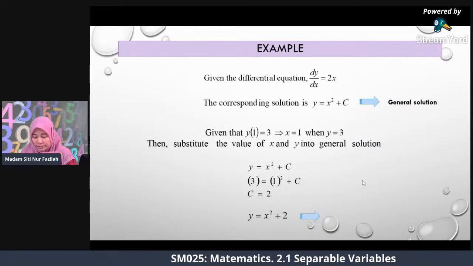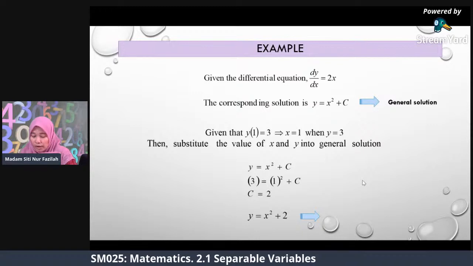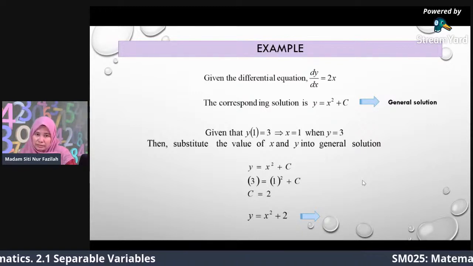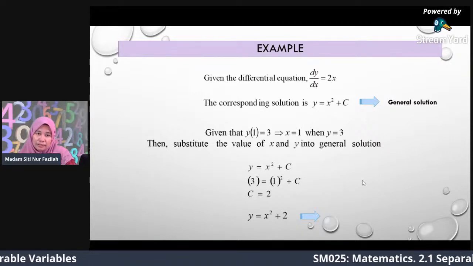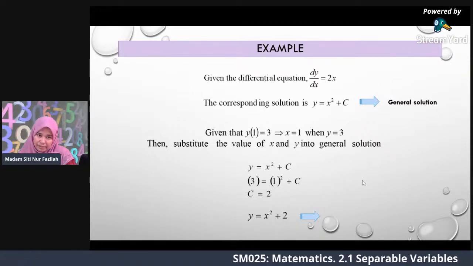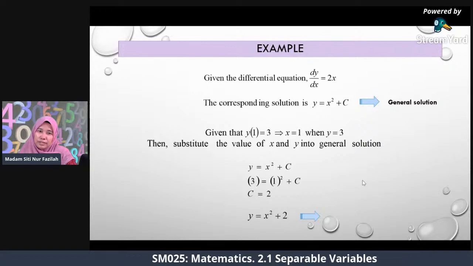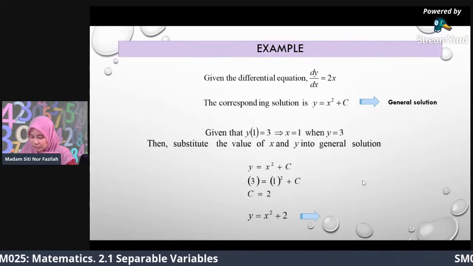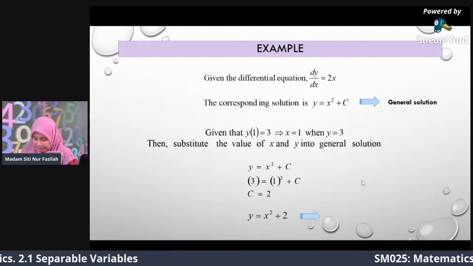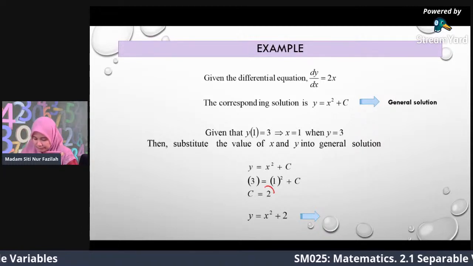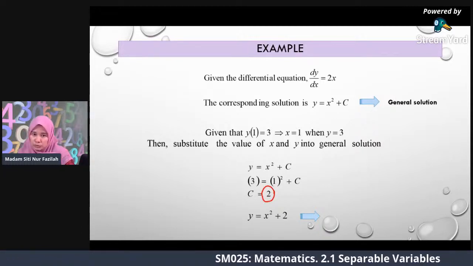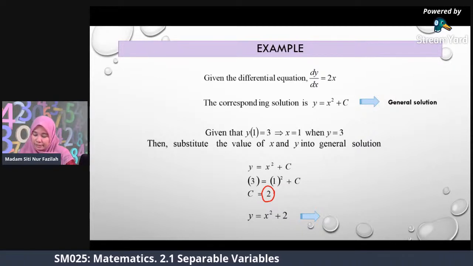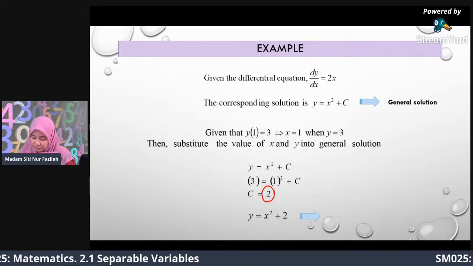When the question gives y(1) = 3, that means x = 1 and y = 3. Then we substitute the value of x and y into the general solution, and we get c = 2.